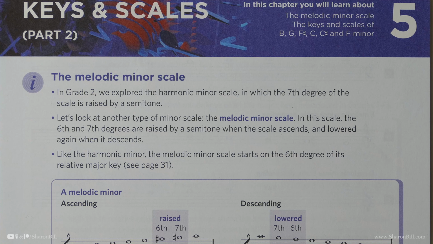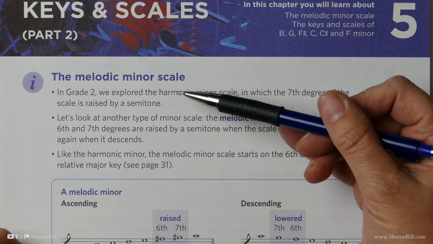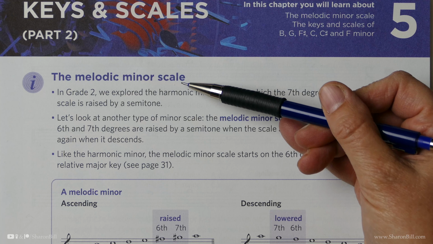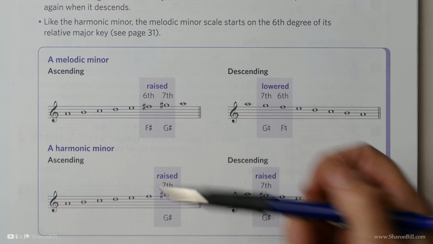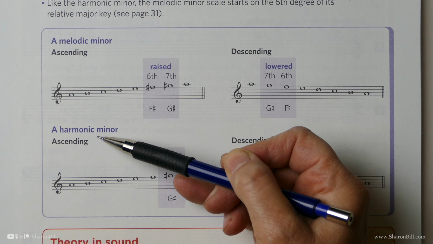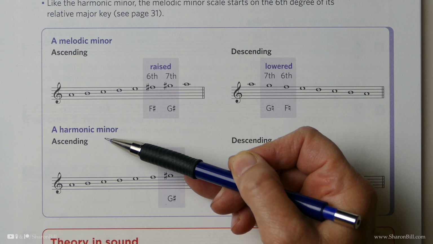As we continue on through the Grade 3 Discovering Music Theory workbook, we move on to page 29, Chapter 5, Keys and Scales Part 2. Now we're going to be learning about the melodic minor scale, which is a different version of the minor scale. We've done the harmonic minor in a previous grade and we will still continue to learn about that.